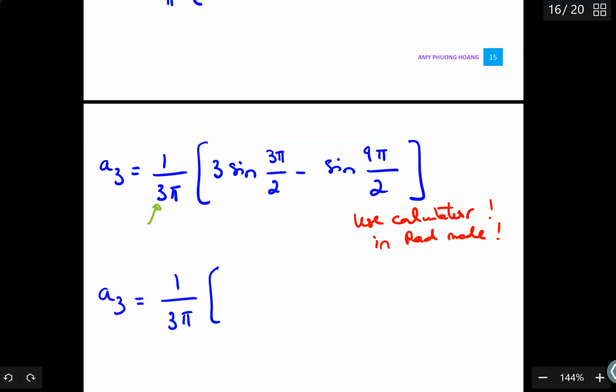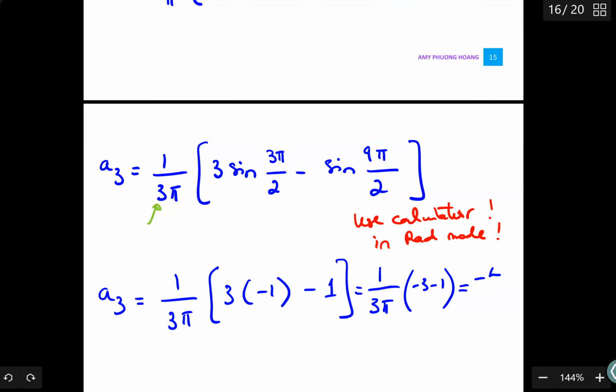This should give me minus 1, and this value should give me 1. So I will have 1 over 3 pi. In the bracket, I should have negative 3 minus 1, so I should have negative 4 over 3 pi.